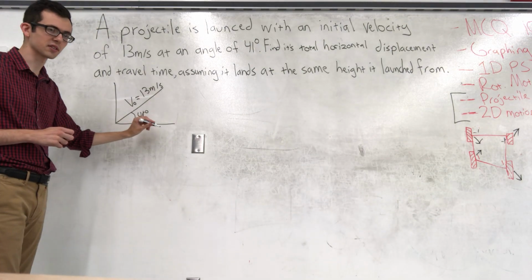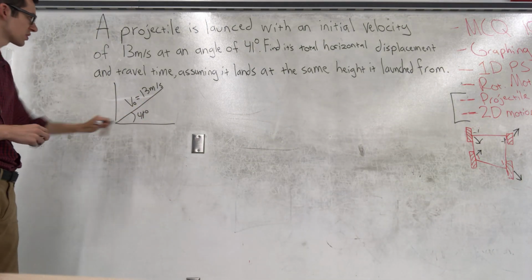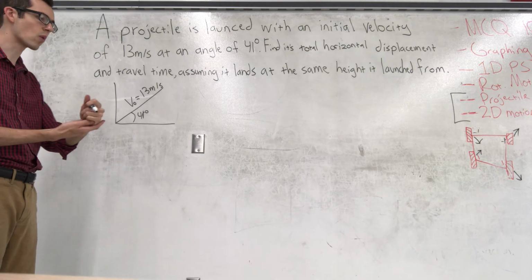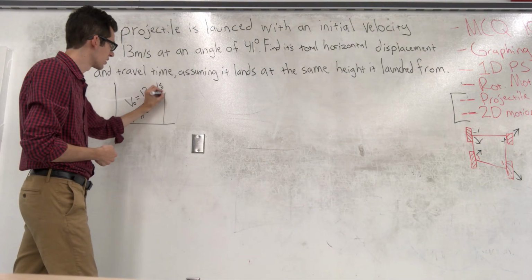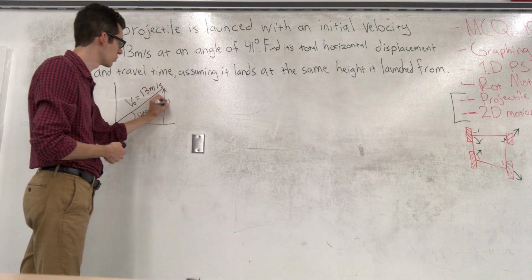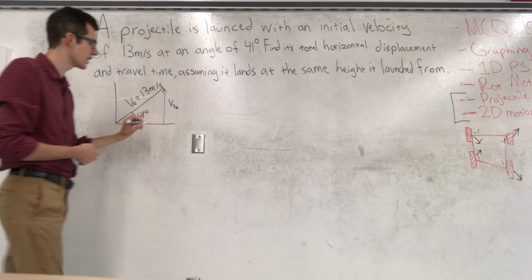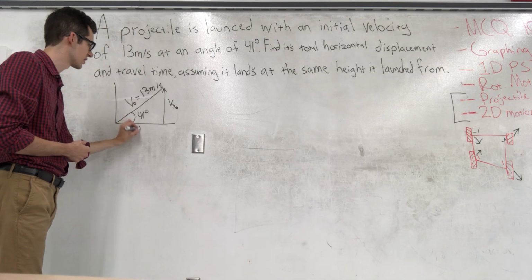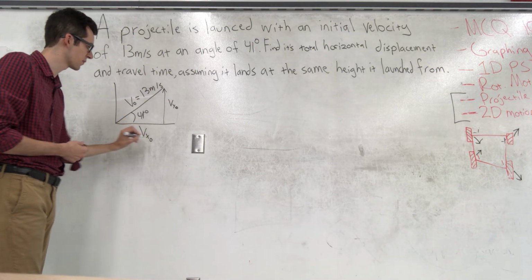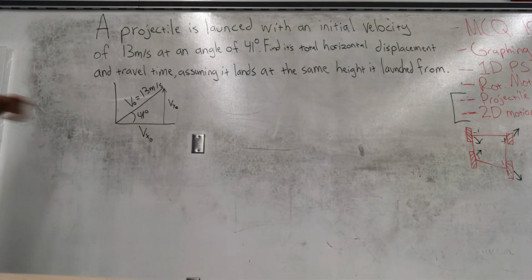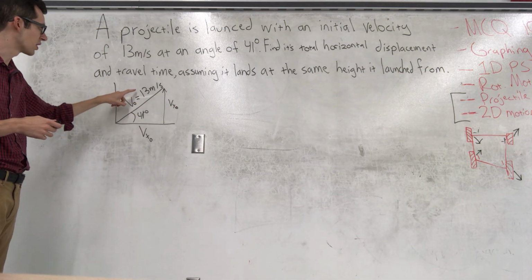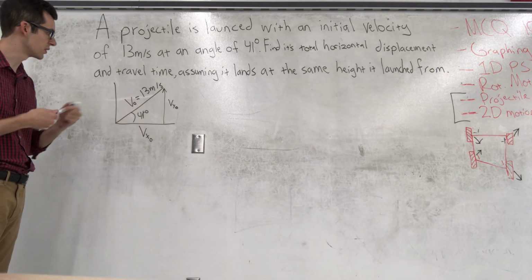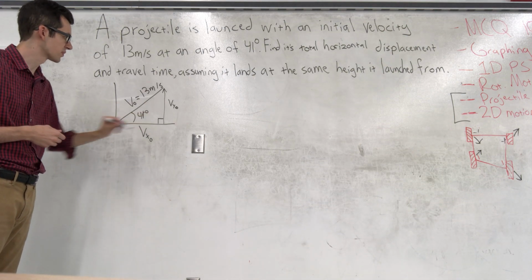Now, because we care about two dimensions, we want to look at our x and y dimensions and see what that velocity is for the y part, Vy0, and the x part, Vx0. We'll be able to find those two things using trigonometry and the fact that we know the hypotenuse of this right triangle and one of the angles.